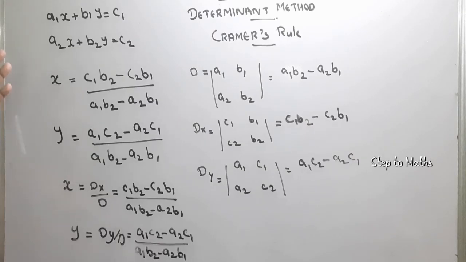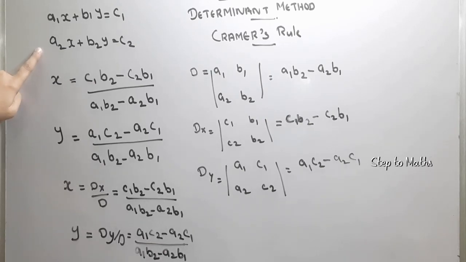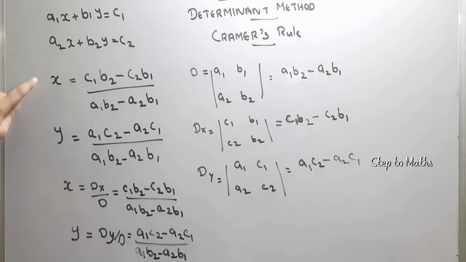Why do we use the determinant method or Cramer's rule? Because for these two simultaneous equations, this is the value of variables x and y we found using the first method, and we know that it's a lengthy process.